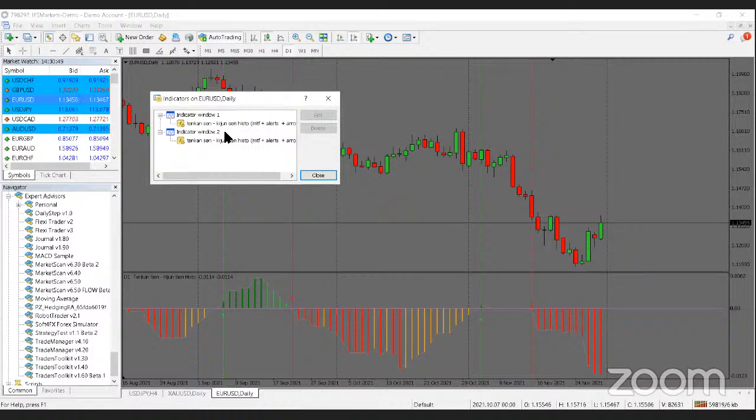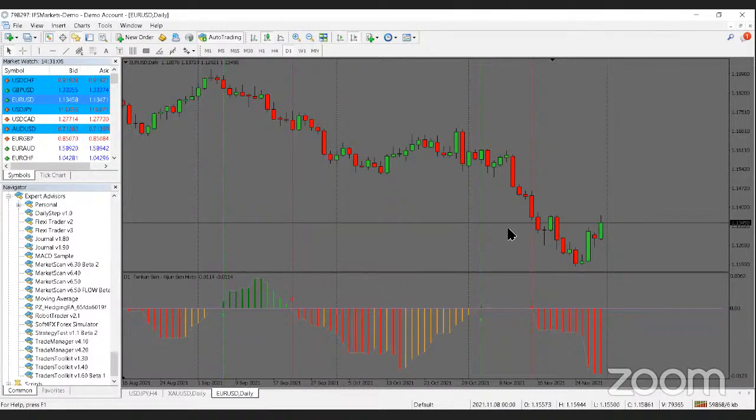The Ichimoku has a total of about 5 indicators that can be used in various manner. The cloud is the more popular one, but today I'm just going to talk about Tenkan, which visually is a bit different, or it's just different calculations.